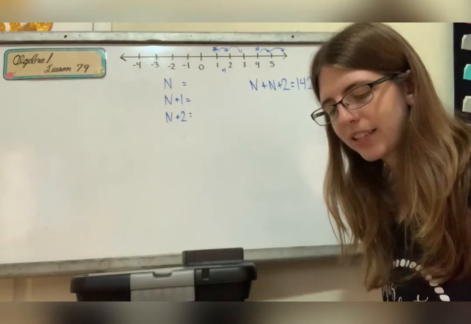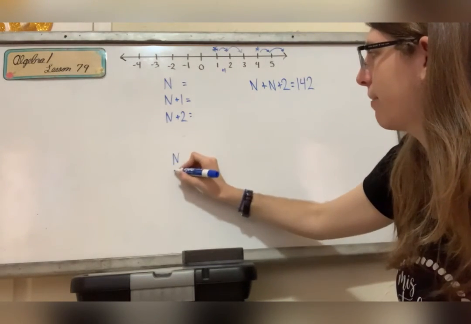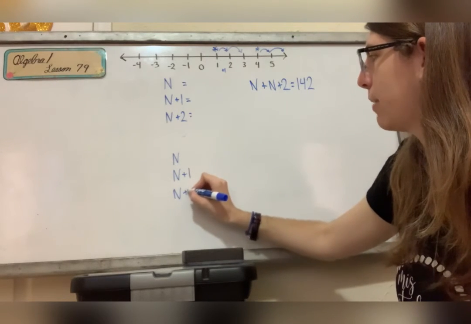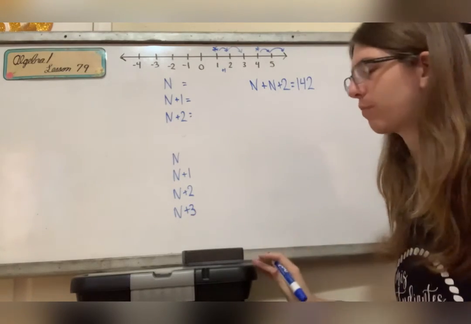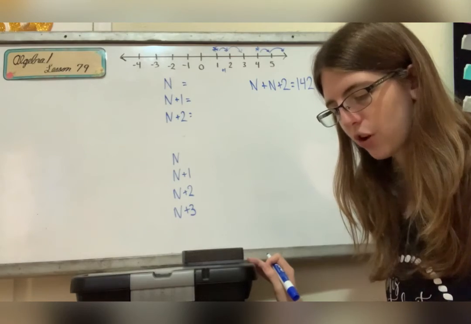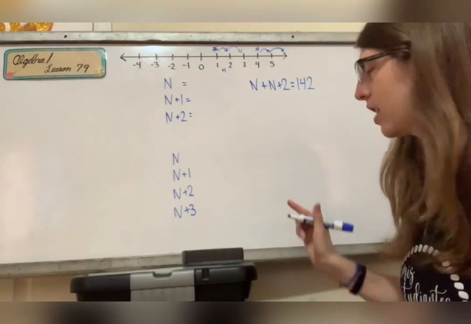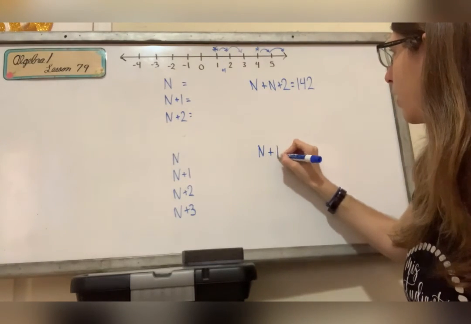With letter B, it says find 4 consecutive integers. So letter B, you have n, n plus 1, n plus 2, and n plus 3, such that 8 times the sum of the first and third is. Okay, so we'll stop at the is. We have the sum of the first and third, n plus n plus 2.